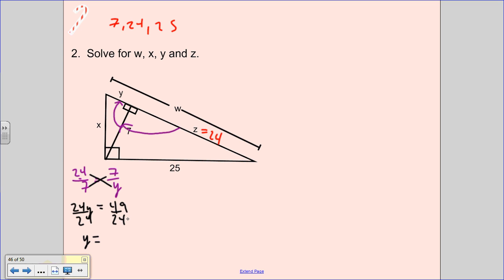I don't think so. 49, 7 goes into 49, but that's the only number I can think of other than 1 and itself. So I think that's as low as it's going to go, 49 over 24.